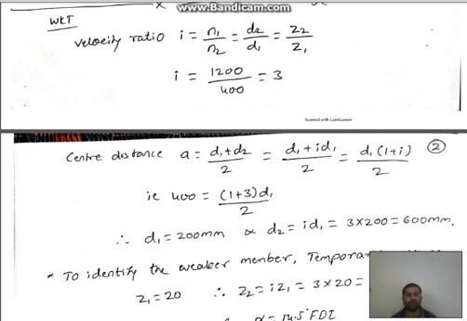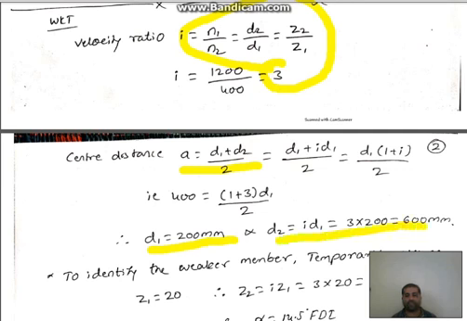First, we calculate the velocity ratio from this equation. From the center distance equation, we calculate pitch circle diameter of the pinion and pitch circle diameter of the gear.